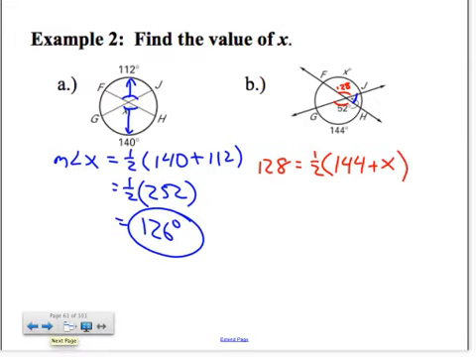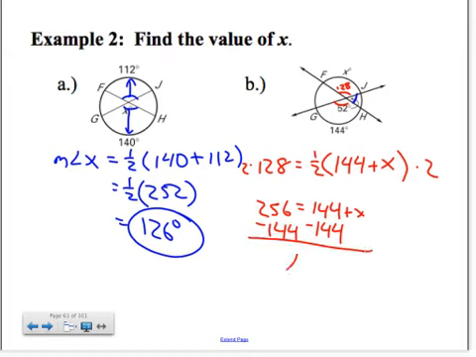Now I have to solve this for x. I want to get rid of the 1/2 first, so I'm going to multiply both sides by 2. So I get 256 is equal to 144 plus x. Subtract 144 from both sides, and x is equal to 256 minus 144, which is 112.